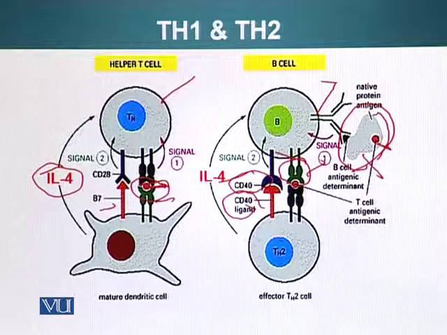Now our B cell has received these two signals, and this B cell can become an effector B cell, which in our case is a plasma B cell. This B cell will now produce antibodies. Remember, B cells start producing IgM antibodies initially, which will no longer be embedded in the plasma membrane.